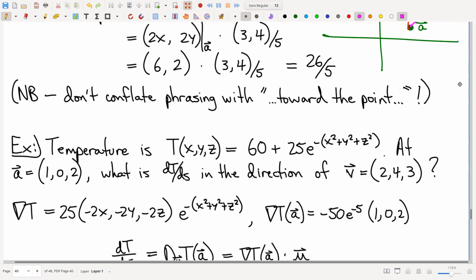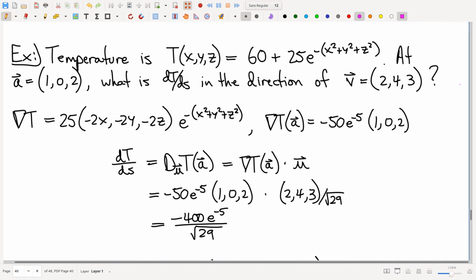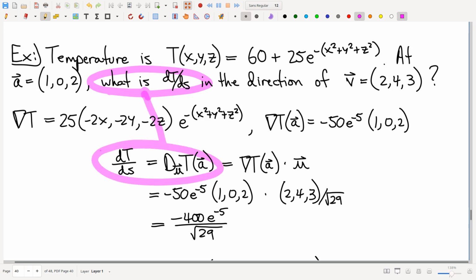Okay, cool. Let me use another example. This is another sort of immediate application, and notice here the question says to compute dT/dS. Okay, well, dT/dS, directional derivative. Again, right down the pipe. One of our listed interpretations of directional derivative: rate of change with respect to distance.